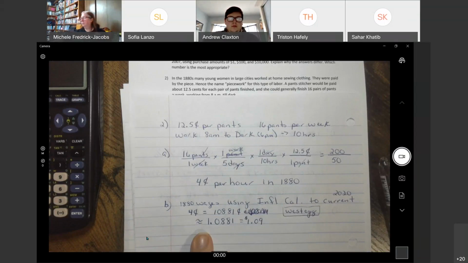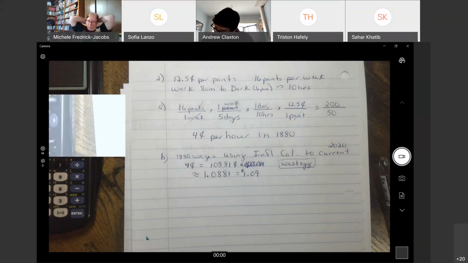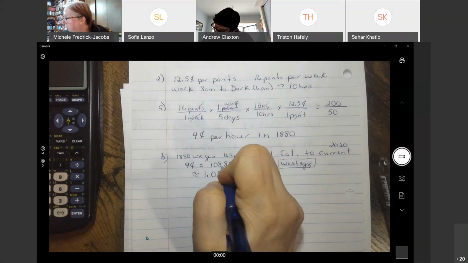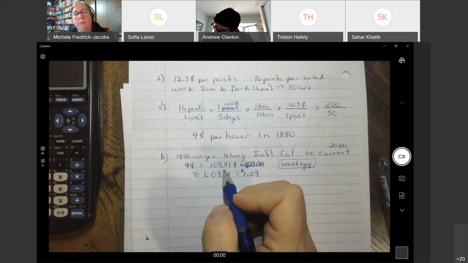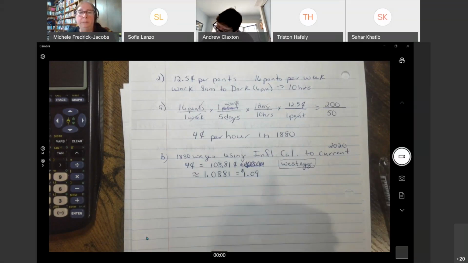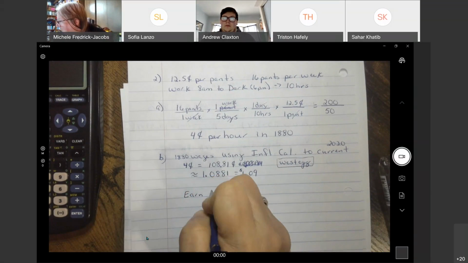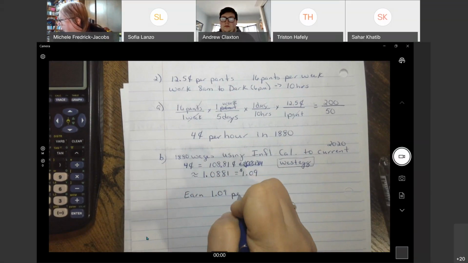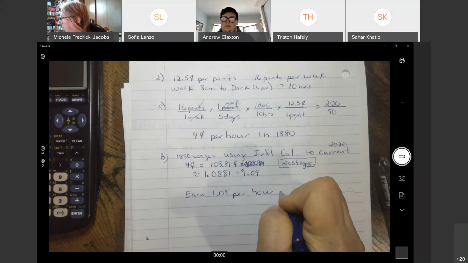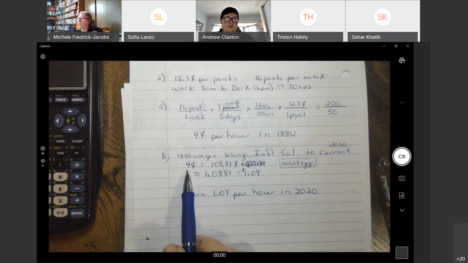Okay, so it would be $1.09. Remember, this is pennies. You move it over to get dollars, or divide by 100. So if they were making 4 cents an hour in 1880, they would make $1.09 per hour in 2020.